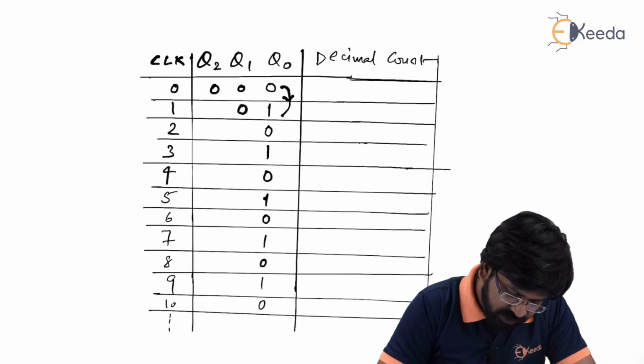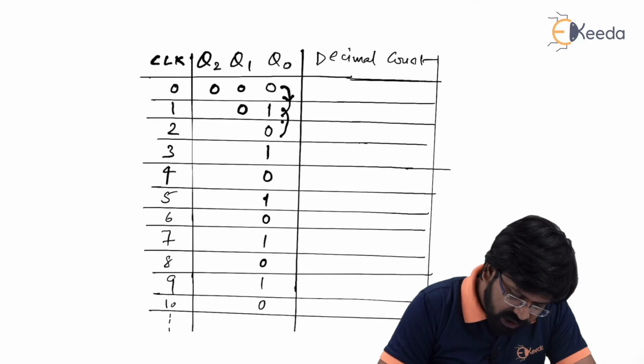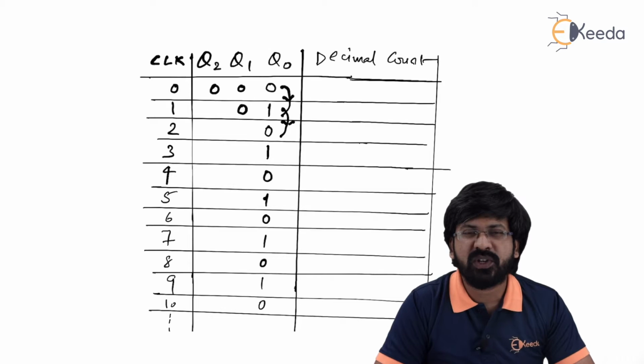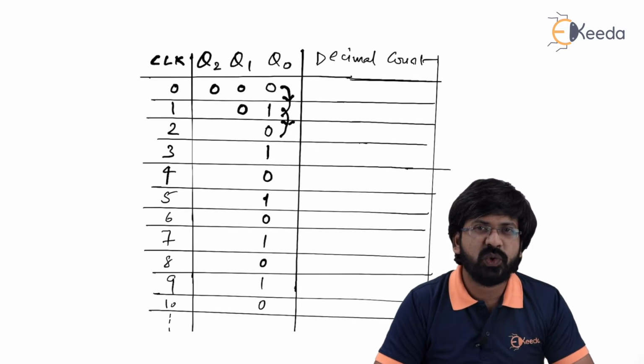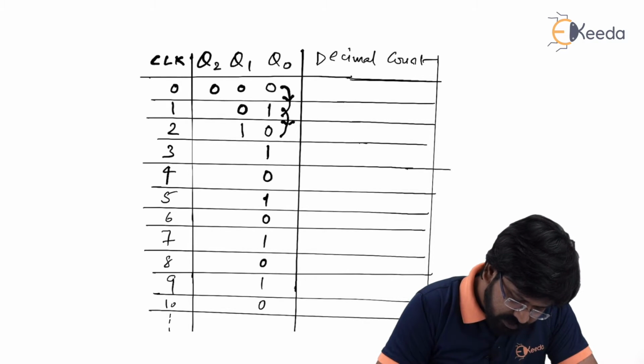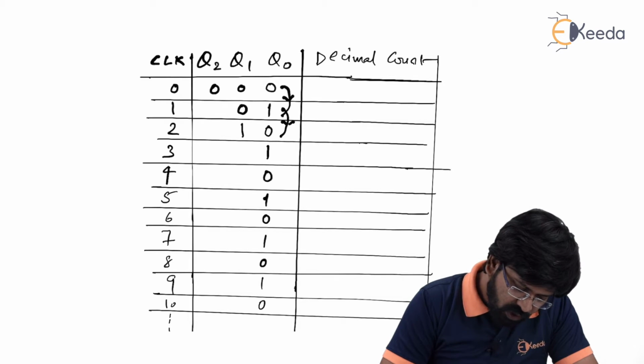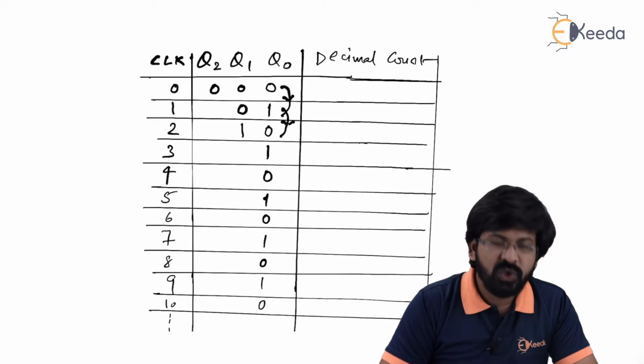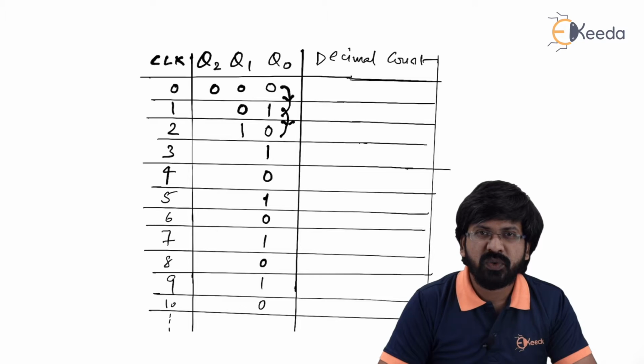Q1 will remain 1. Here you can see Q0 is falling from 1 to 0. Come on, 1 to 0 is called what transition? It is called a negative edge transition, and for a negative edge transition, Q1 toggles. Therefore, Q1 will change to 1 now. So I repeat, when Q0 is falling from 1 to 0, Q1 will get toggled from 0 to 1.